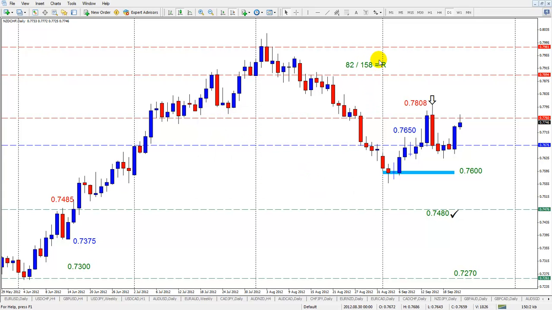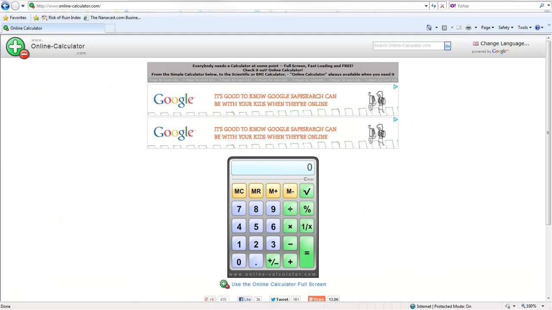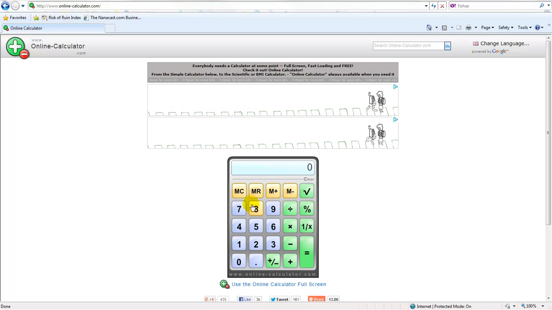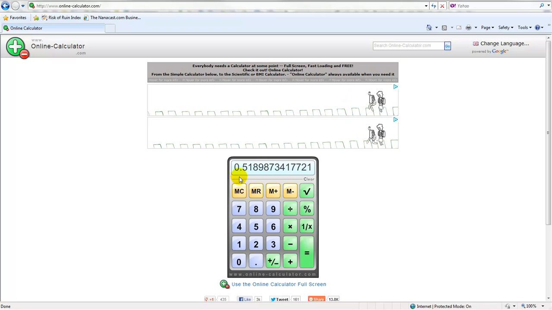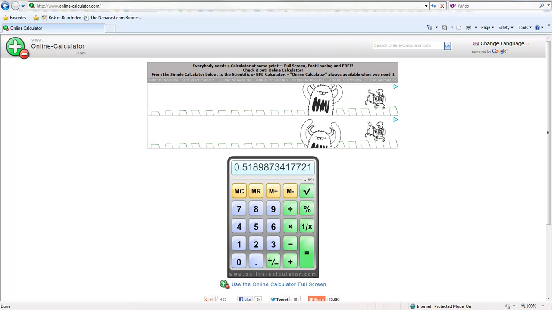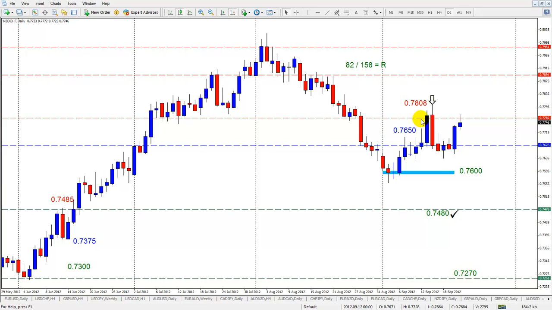So 82 pips divided by 158, that gives me my R. My R is 0.51. That's the amount at risk. So I have an R of 0.51.